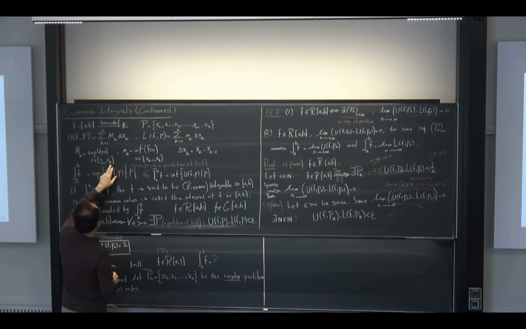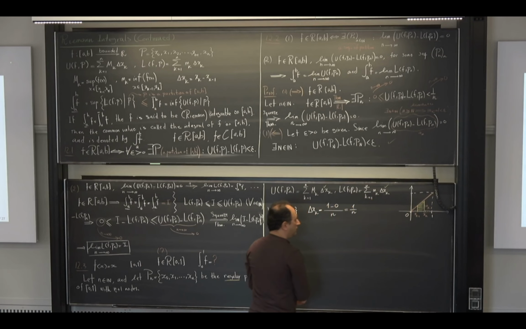So when I go to my picture, concentrate on this piece. What is the maximum of your function in that interval? The maximum of this function is this much. Do you agree? This is your maximum, so this is your m sub k.